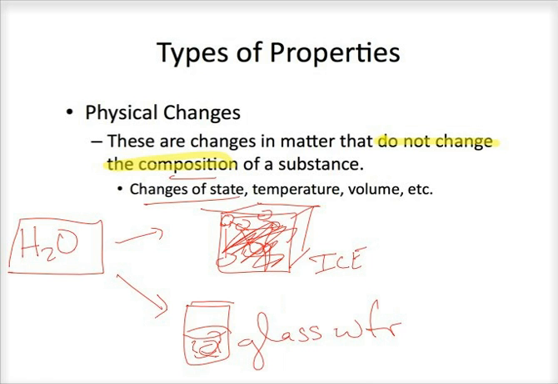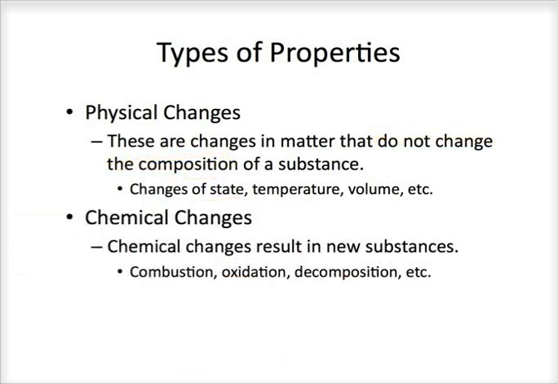Now, chemical changes. Chemical changes will always result in a new substance. If I take a piece of paper and I burn it, here's my little match, here's my flame, I burn the paper.